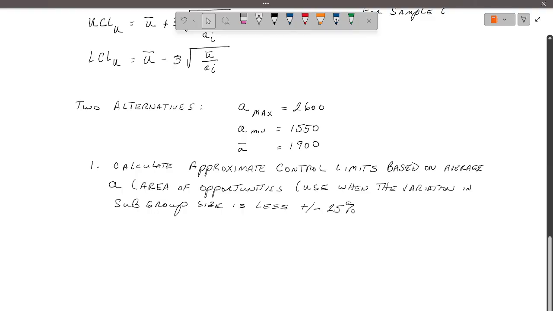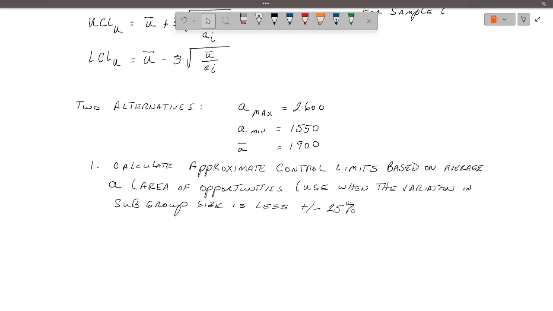All right, so the first way to use this is you check the control limit, and based on the average number of opportunities, you are then going to evaluate whether it's plus or minus 20%, and you get something that looks like this.